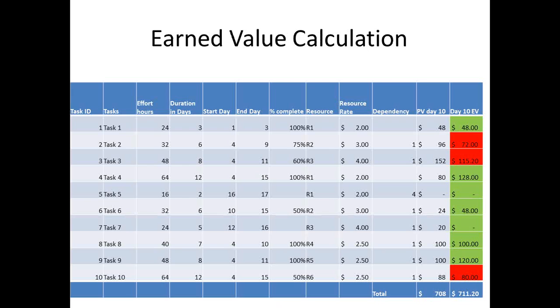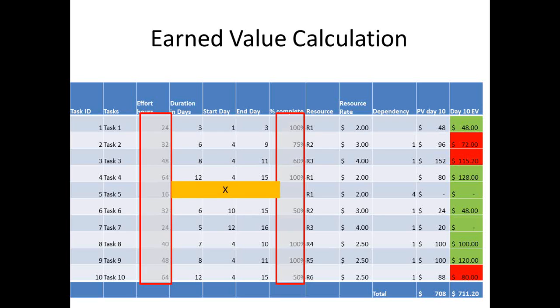So in this case, we saw the effort, which was right here. How much is the effort that you put in? And then we've put in a column here, which is your percentage complete, which says task 1 is 100% complete, task 2 is 75% complete, task 3 is 60, and so on.